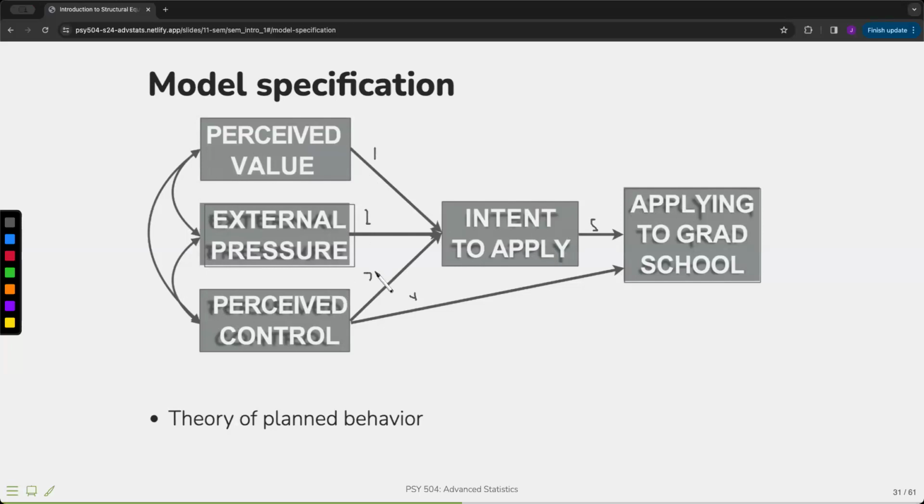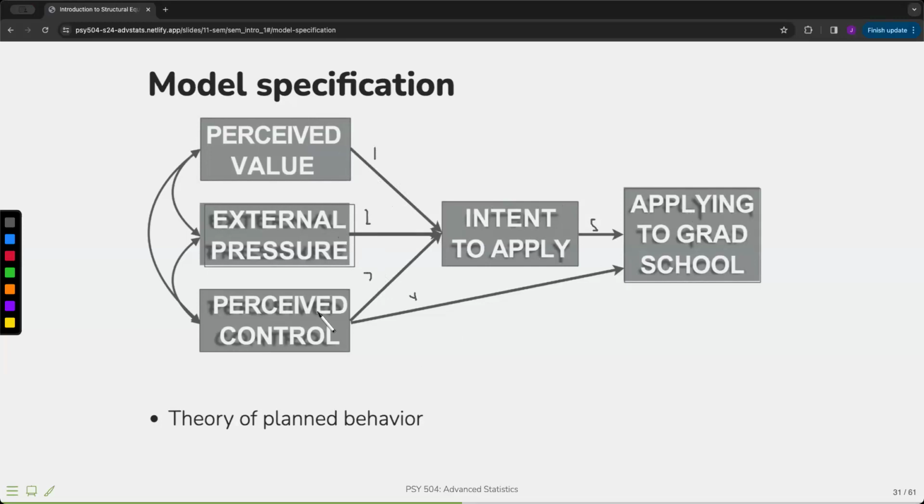And if you are a social psychologist or you're familiar with health psychology theory, basically what we're testing here is the theory of planned behavior. And the theory of planned behavior pretty much says that things like attitudes and external pressure influence actual behavior through intentions. So attitudes and external pressure influence intentions, and intentions influence actually applying to grad school.